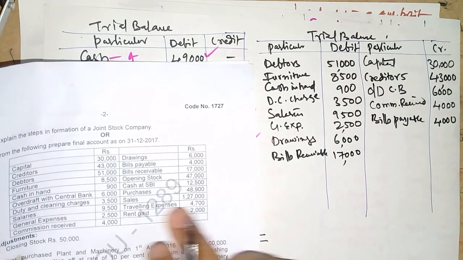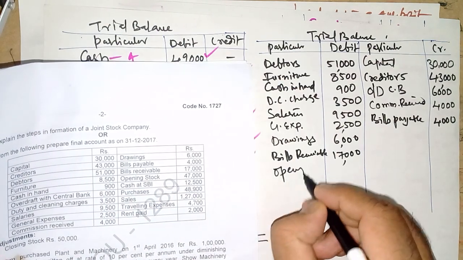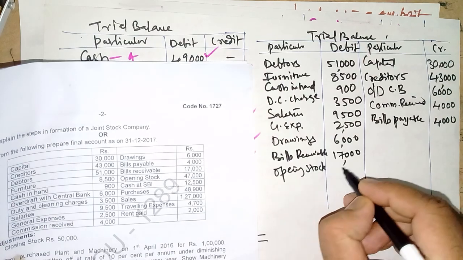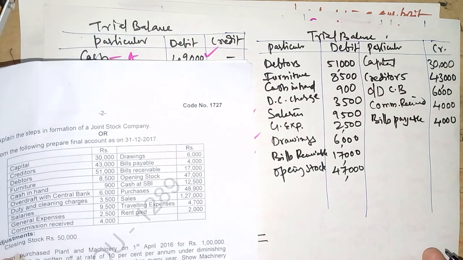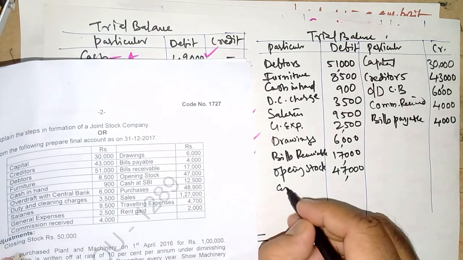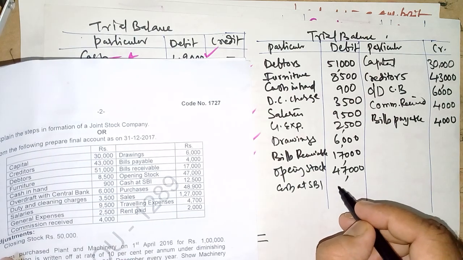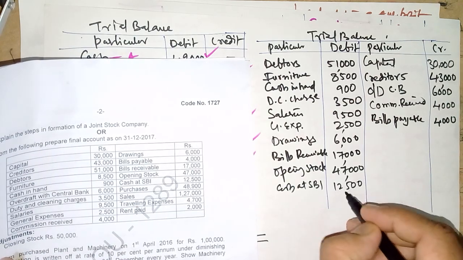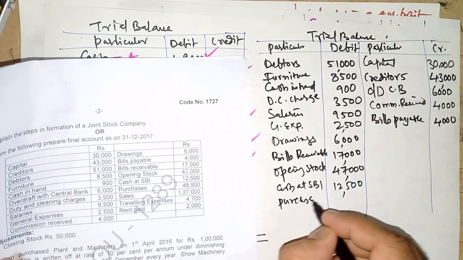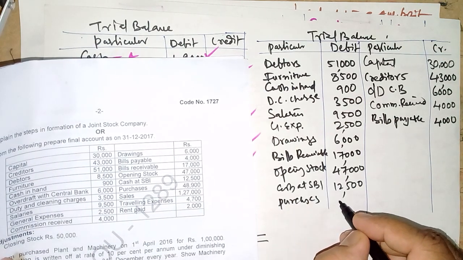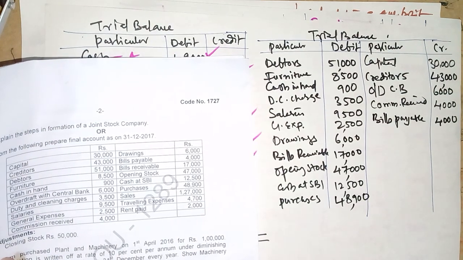Opening stock. Stock is always an asset and shows a debit balance, 47,000. Cash at SBI, a debit balance because it is an asset, 12,500. Purchases, a debit balance because it is an expenditure, 48,900.